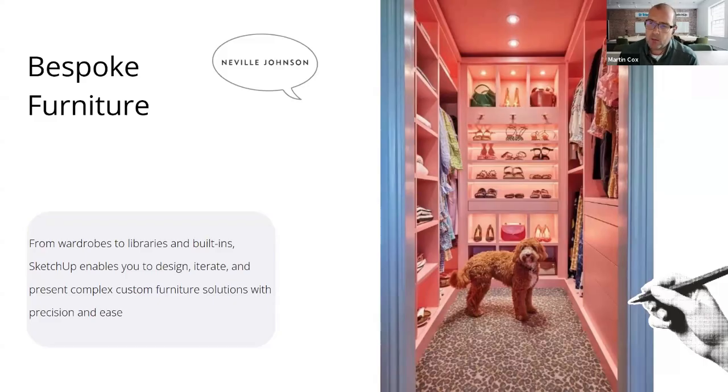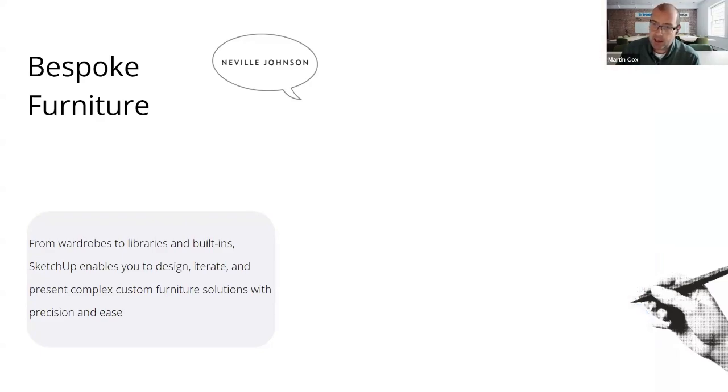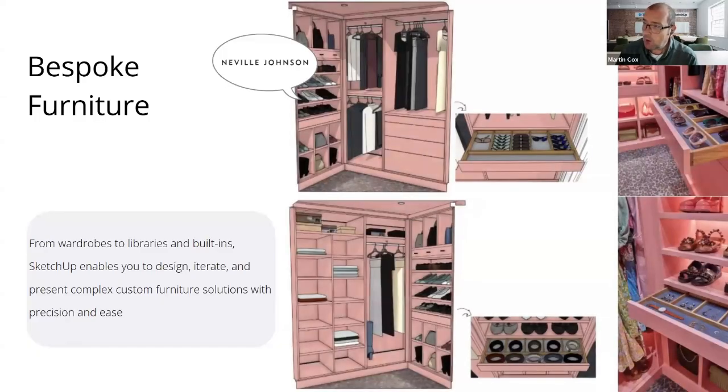Because these types of small details can make a real difference when presenting to a customer. And, looking into these models here, we can show a small space being built, using animations to open a drawer to say, okay, this is where your belts are going to be stored, your sunglasses, your watches.